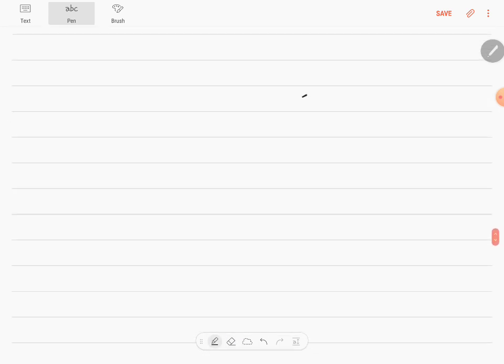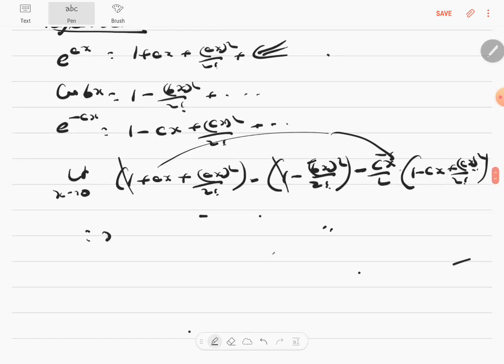So then you have x into a plus c by 2 plus, let's consolidate all the x square terms, x square into a square plus b square plus c square by 2 factorial, which is just 2.